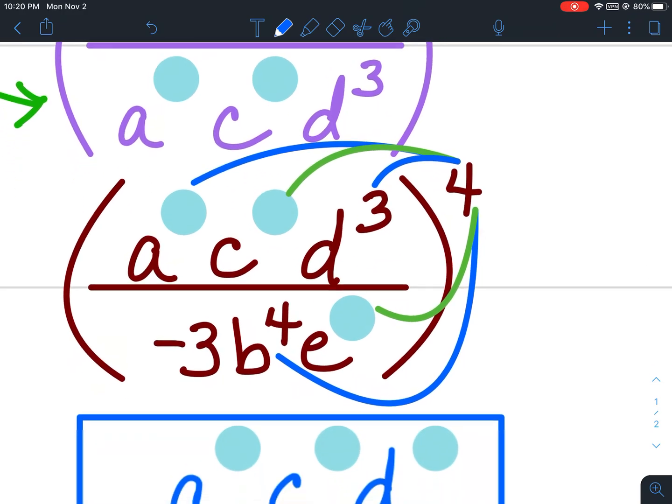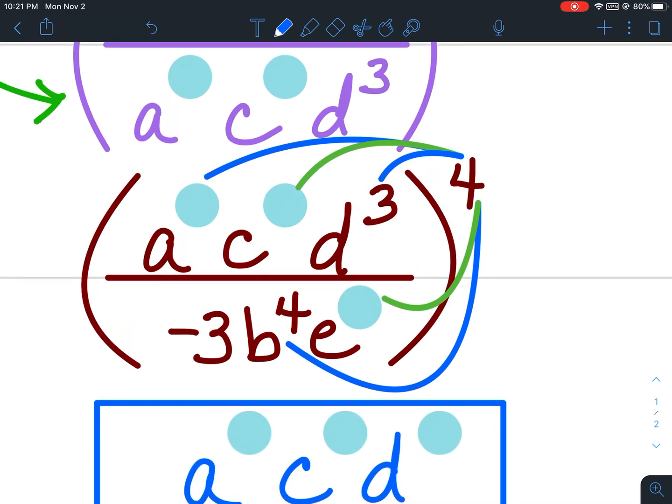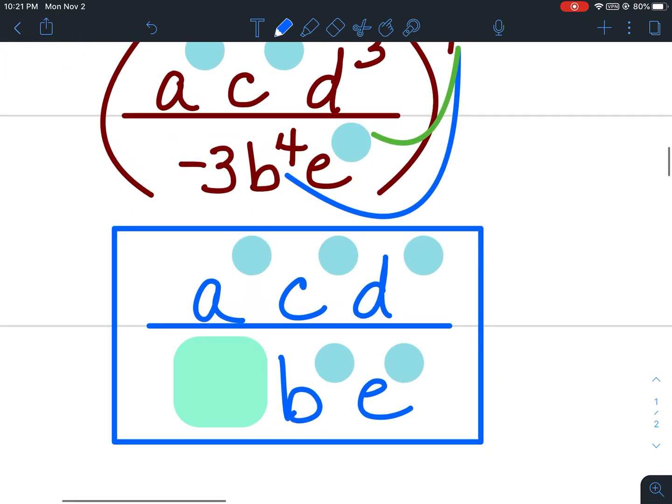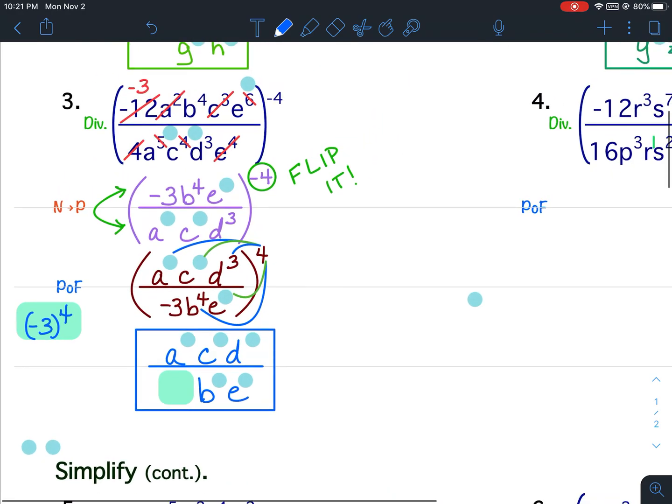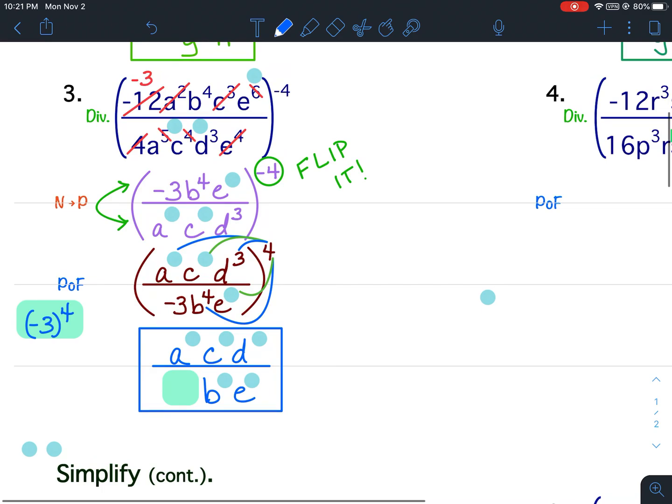And then to finish it, all you're doing is doing the power of a fraction. So I took the -3 to the 4th power, and then I also multiplied the exponents to get my exponents for my answer. I know there's a lot of blanks there, but we've done enough of those that I feel that you should be fine. If you have any questions, let me know.